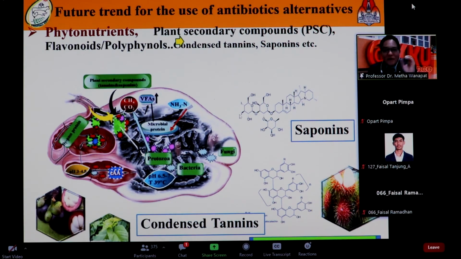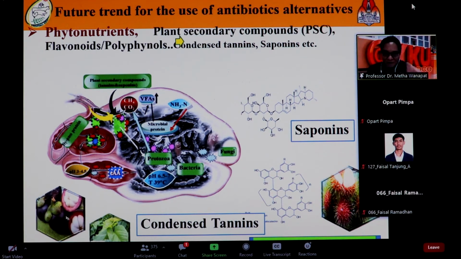Now, what can phytonutrients be used for? Because of global warming, we need to reduce the methane in the rumen. Phytonutrients have been demonstrated to reduce methane production in the rumen. So we have been working on using a combination of phytonutrients not from the plant, but from fruit waste, from the fruit peels, like mangosteen peel.